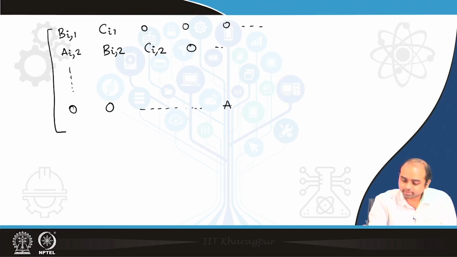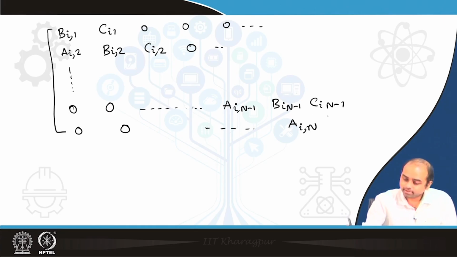I will have something like ai n minus 1, bi n minus 1, and ci n minus 1, and the last stage would be ain and bin.